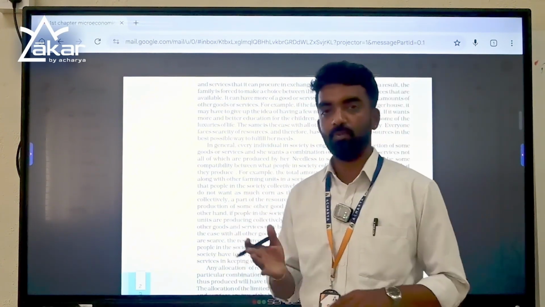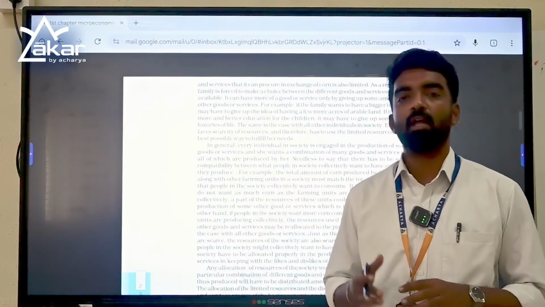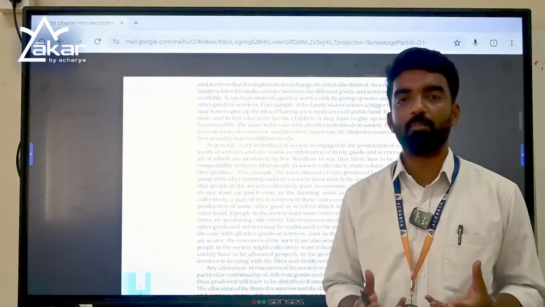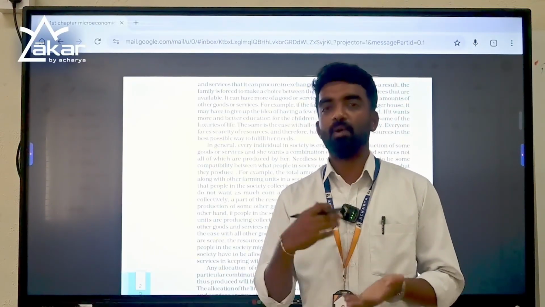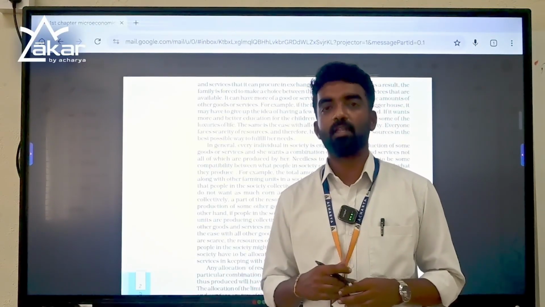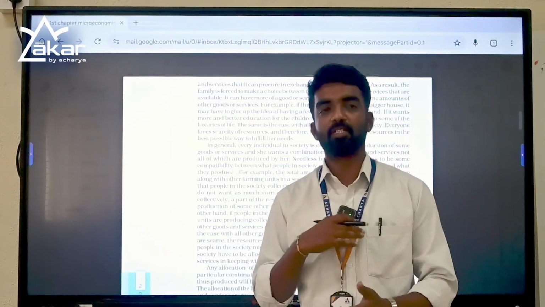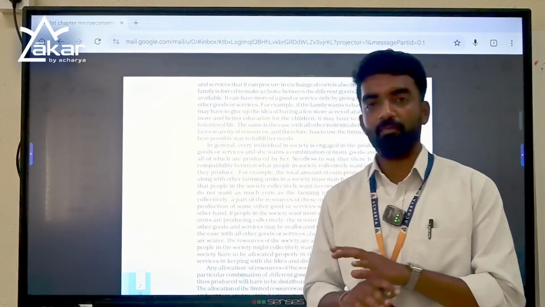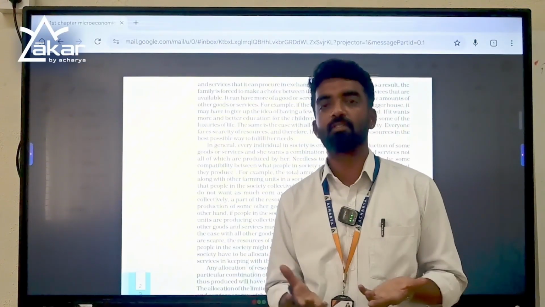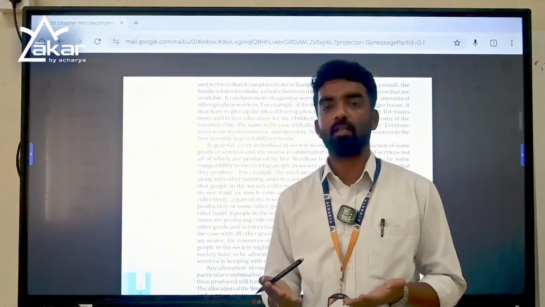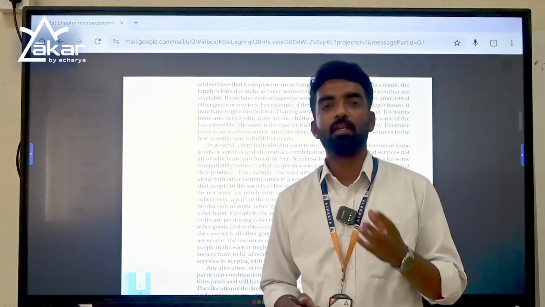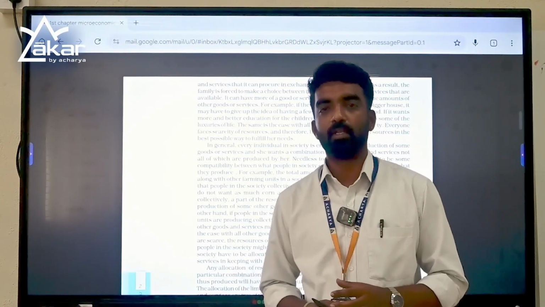For example, these farm family, weaver, teacher are involved in production of some good or service, and they will consume other goods or services which they are in need of, and they will exchange, right? So every person in this society is involved in these three activities. These three activities, production, consumption and exchange, are called the three basic economic activities.